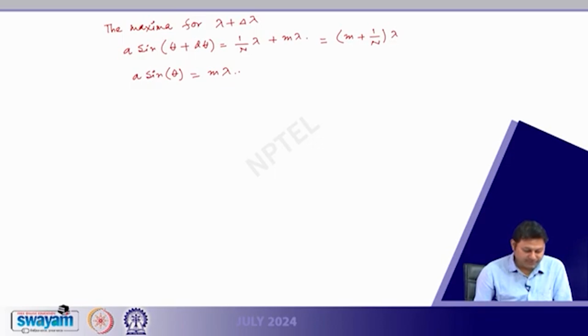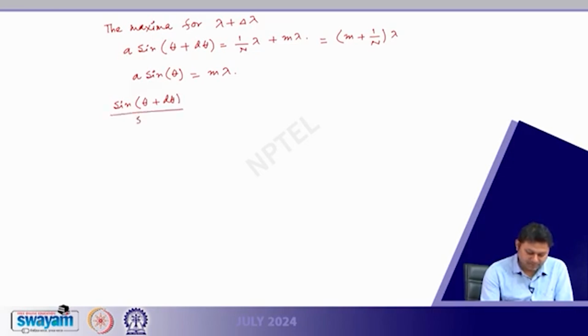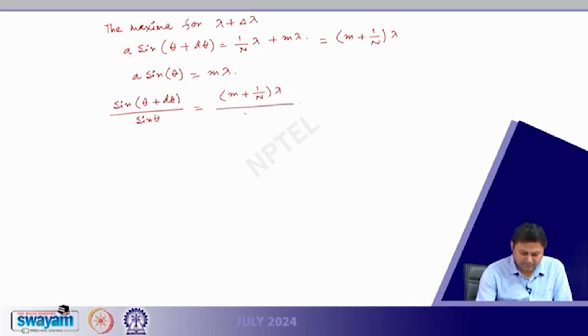So, from these two we can have sin of theta plus d theta divided by sin theta, that is m plus 1 by N lambda whole divided by m lambda.